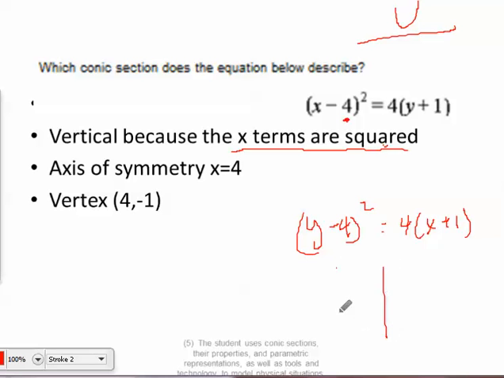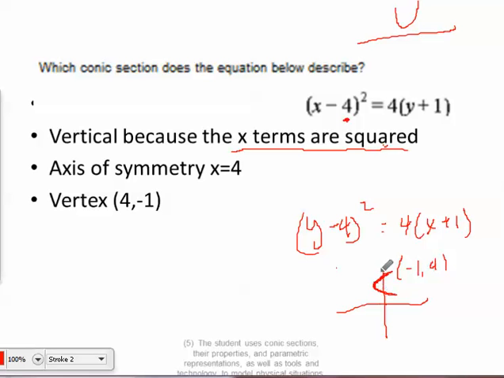Ooh, blow your mind. You didn't know there was such a thing, did you? Well, yes, there is a vertical and a horizontal one. This one would have its vertex located at -1 comma 4. So -1 comma 4 would be up here, and it would be going like this. You didn't know you could have vertical and horizontal parabolas, did you?